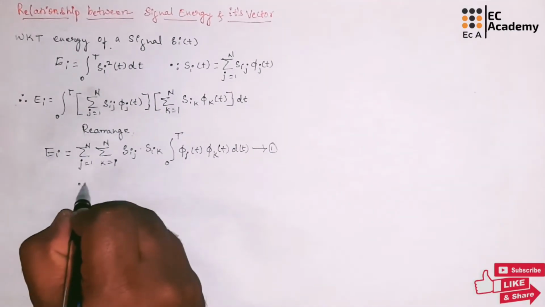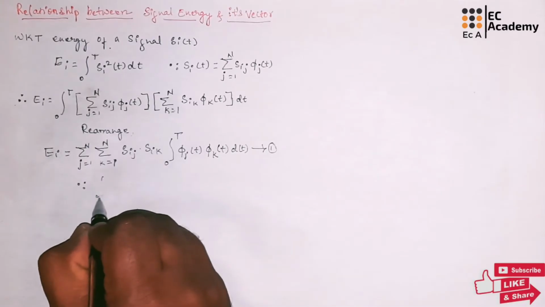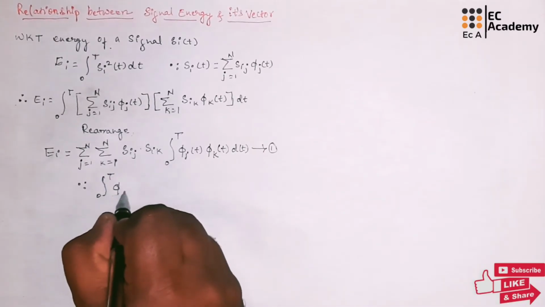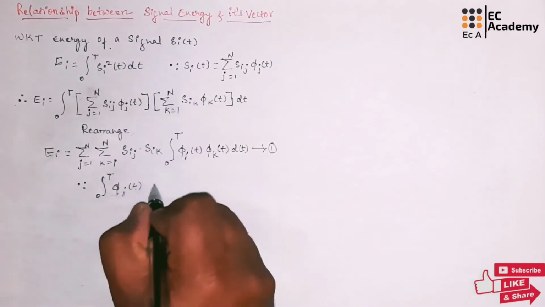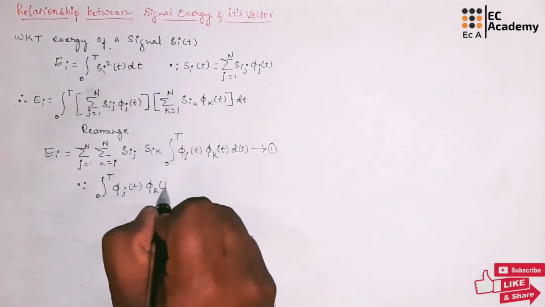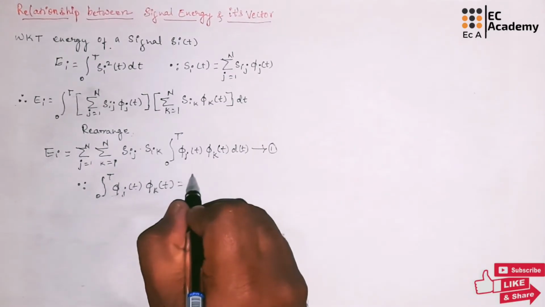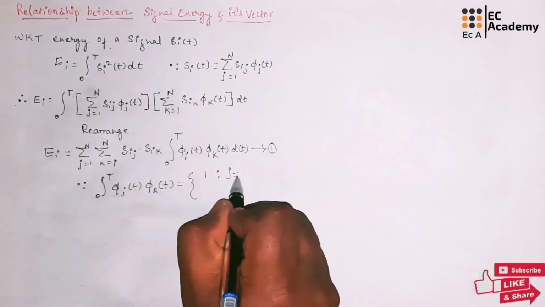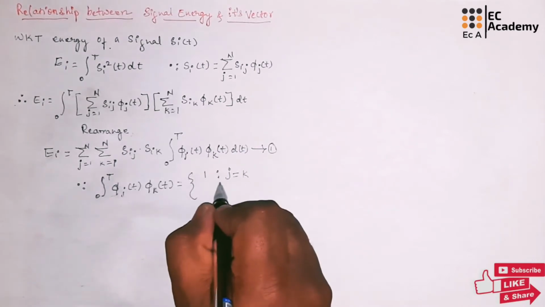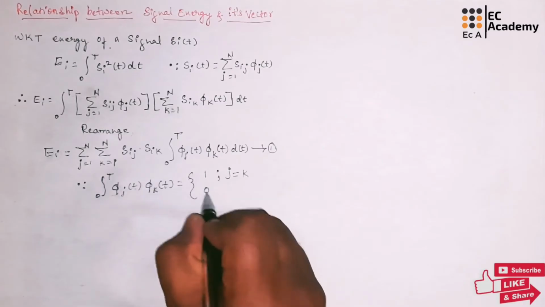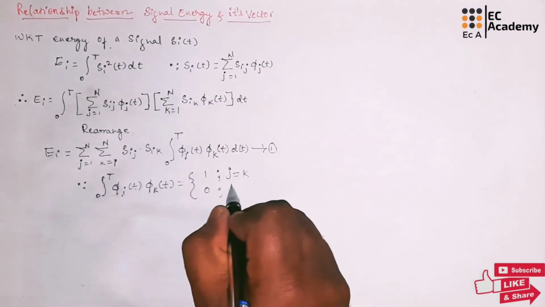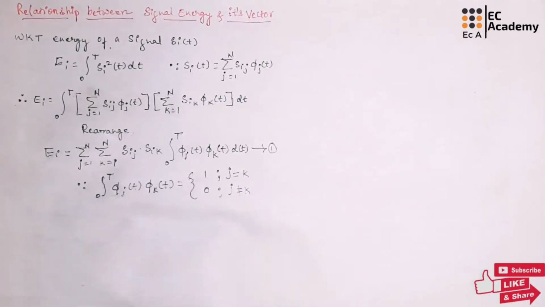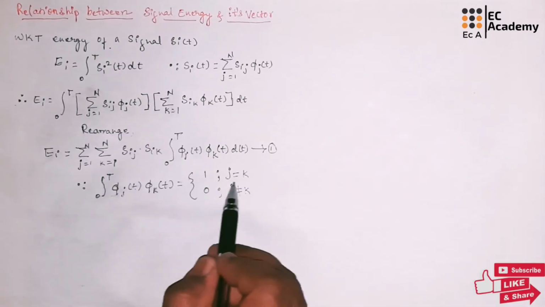We know that integration of 0 to T phi j of t into phi k of t, we can write it as 1 if j is equal to k, and it will be 0 if j is not equal to k. Now let us take the first condition.